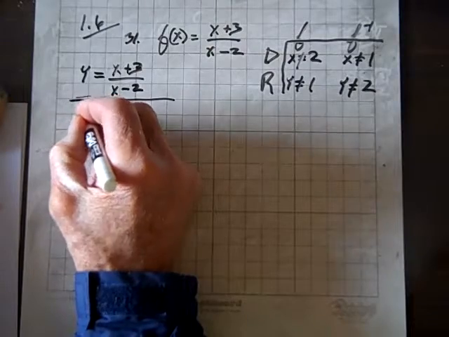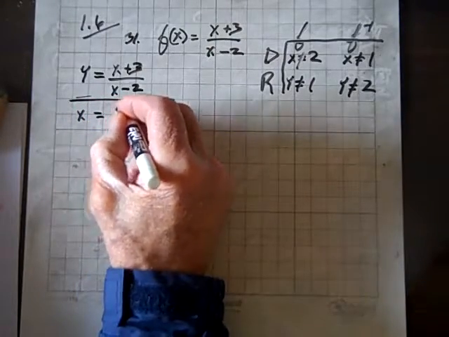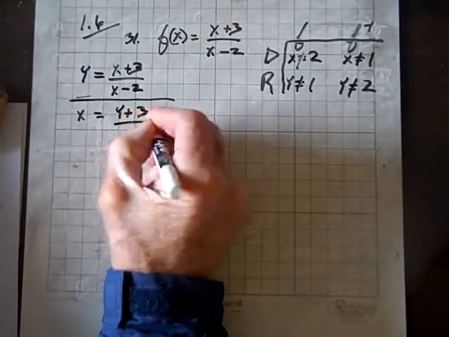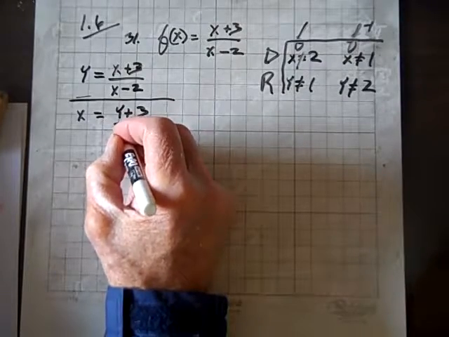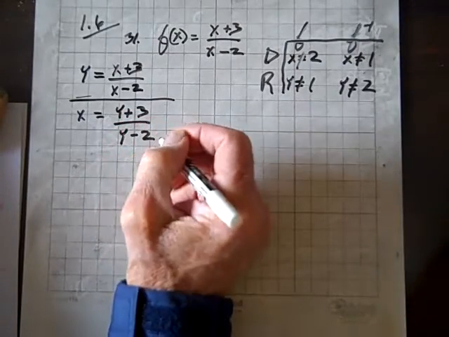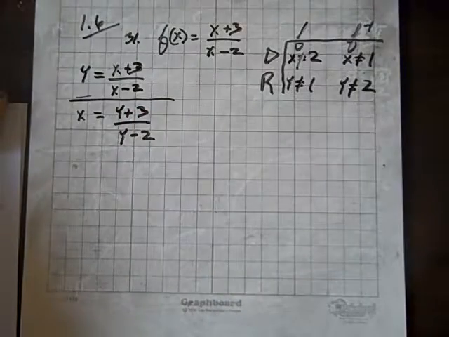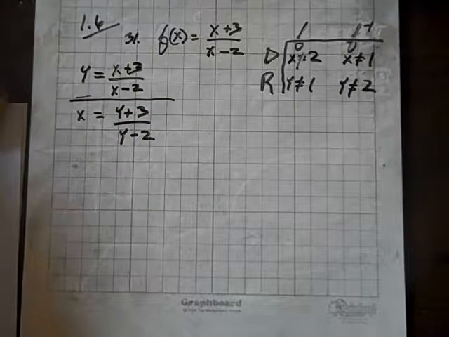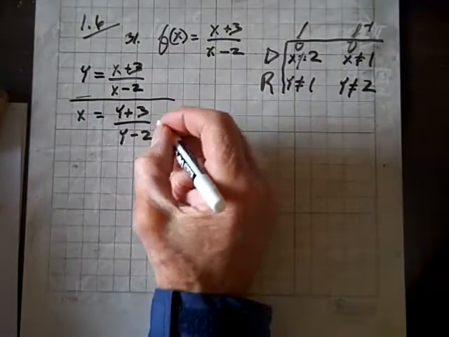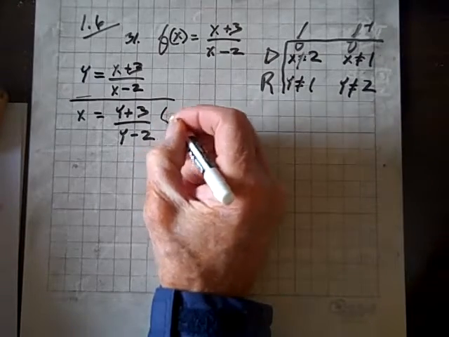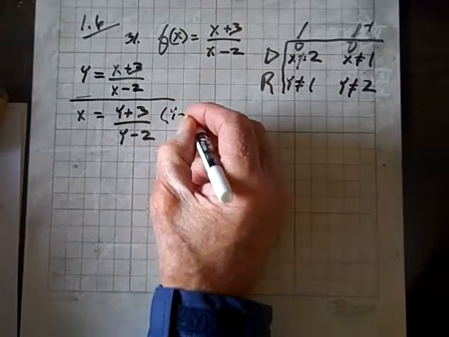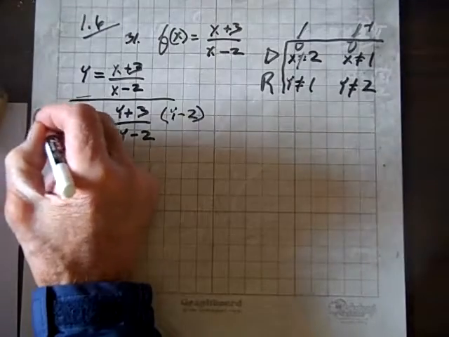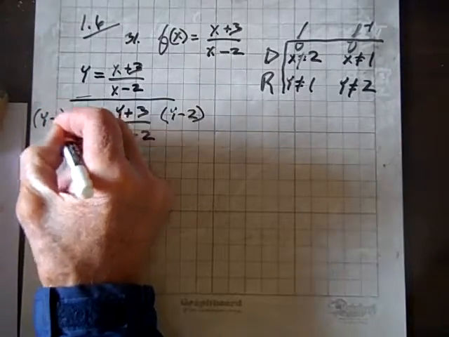So we get x equals y plus 3 over y minus 2. Now we need to get rid of these denominators. So we'll multiply both sides by the common denominator, which is y minus 2.